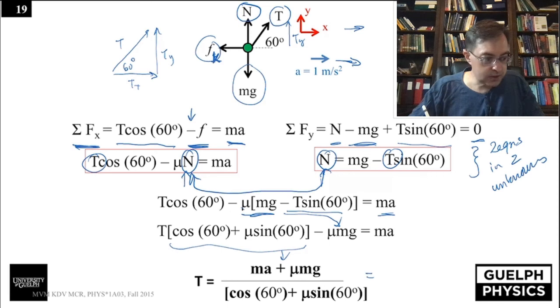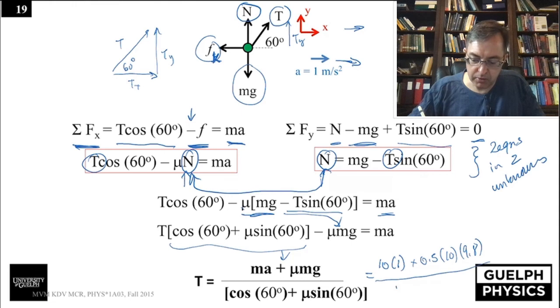Plugging in the numbers, I get 10 for the mass, 1 for the acceleration, 0.5 for the coefficient of kinetic friction, 10 for the mass, 9.8 for g, divided by 0.5 for the cosine of 60 degrees, 0.5 for the coefficient of kinetic friction, and 0.866 for the sine of 60.